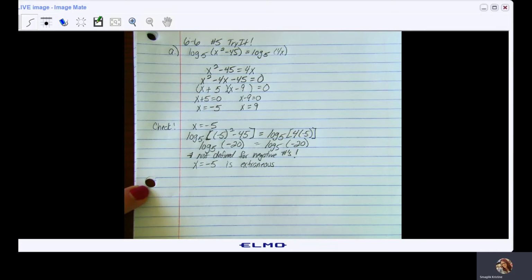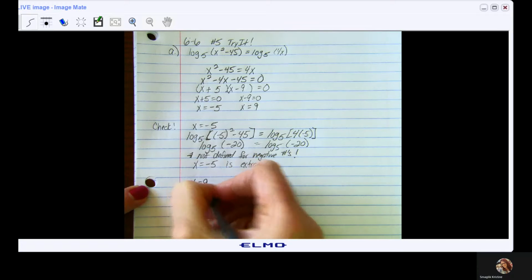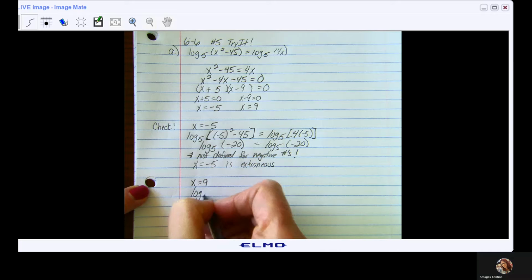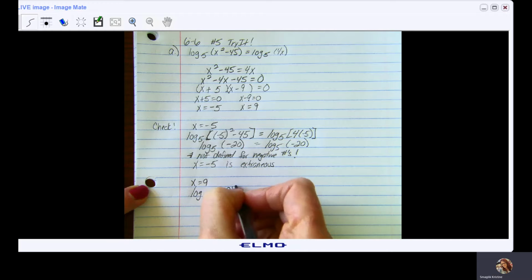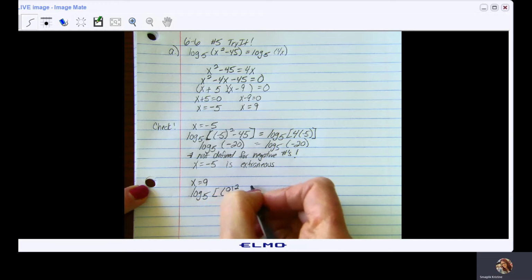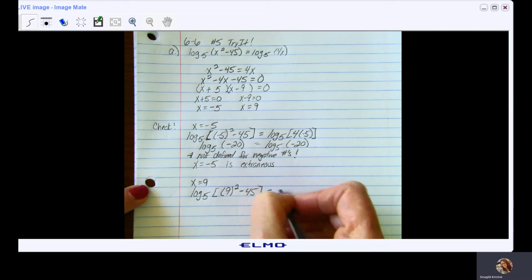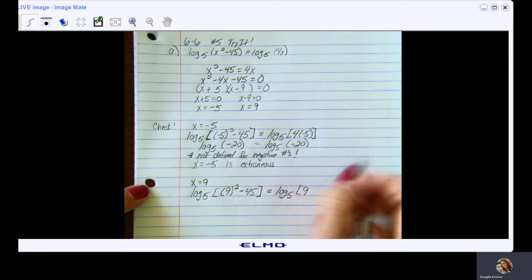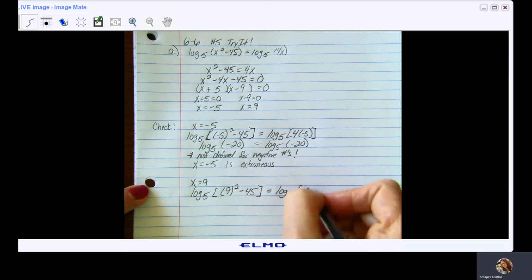Now let's check our other solution, x equals 9. So I'm going to have log base 5 of 9 squared minus 45 equals log base 5 of, oops, it would be 4 times 9, we'll keep it in order.